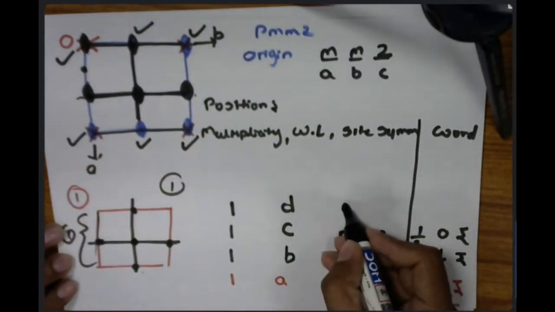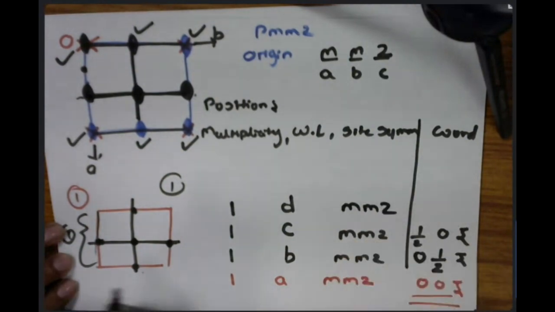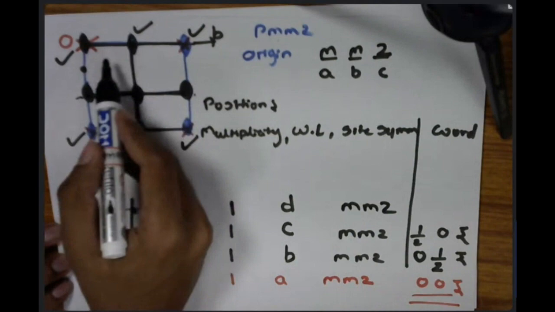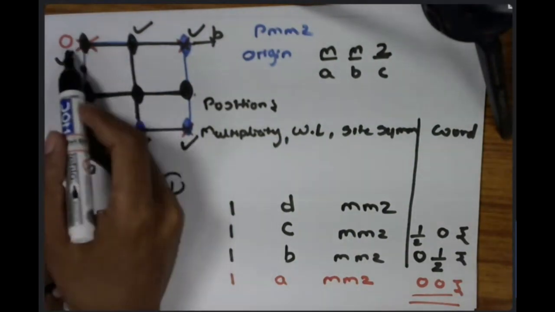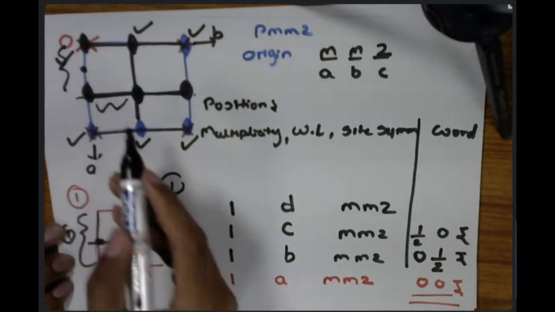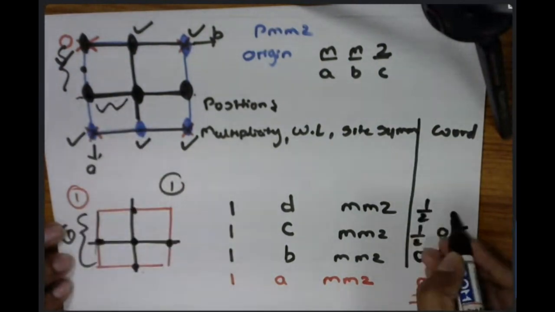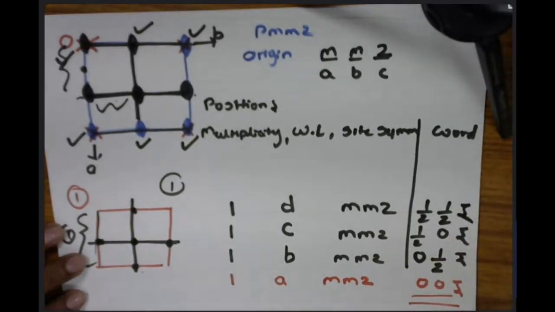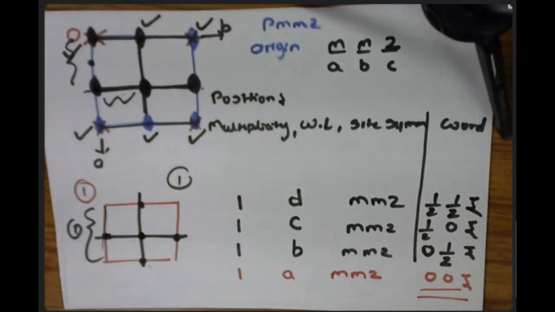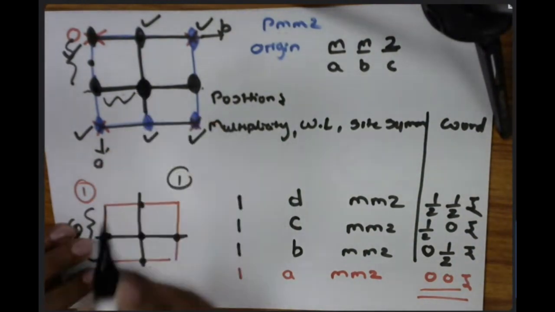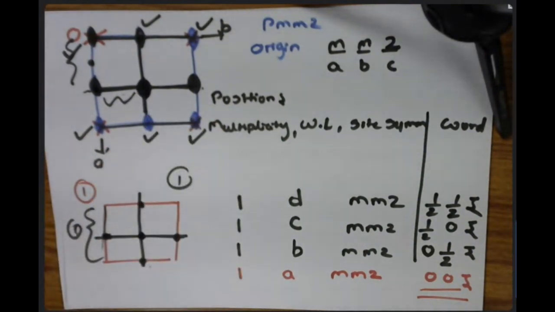So again, the site symmetry is mm2, and the coordinate of the point will be, this time, 1/2 along the x-axis, 1/2 along the y-axis, and 1/2 along the z. And again, the z can be anything. And that's all. So we are done with this particular type of site operations, site symmetry.